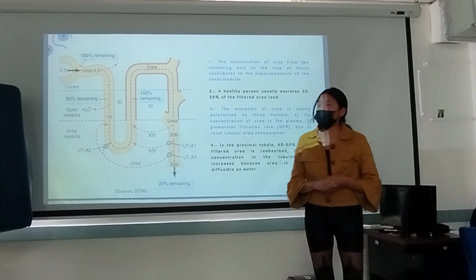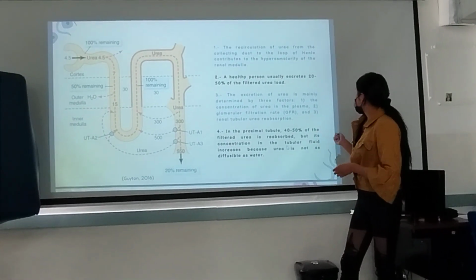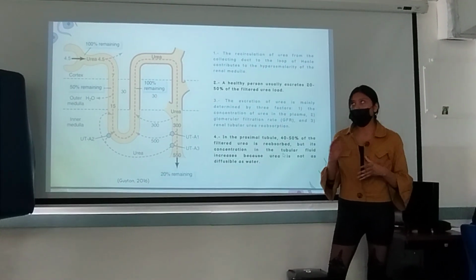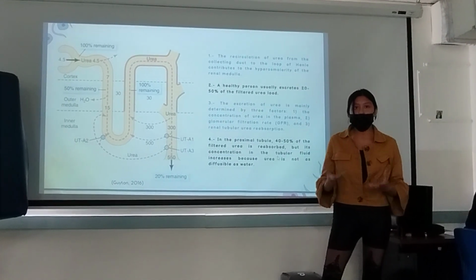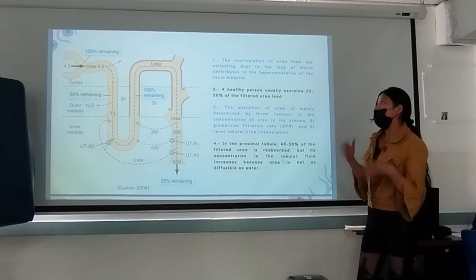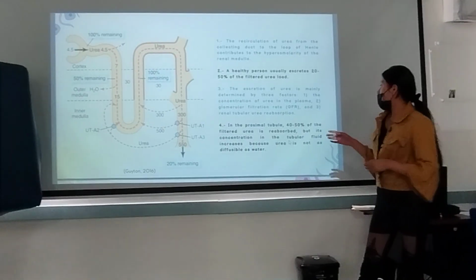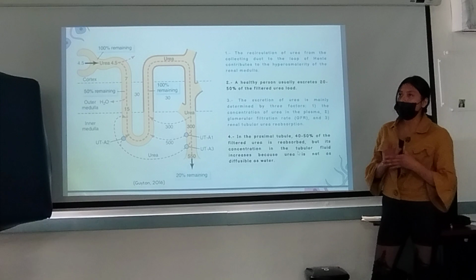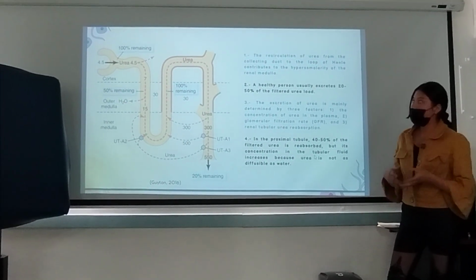The excretion of urea is mainly determined by three factors: the concentration of urea in the plasma, the glomerular filtration rate, and the renal tubular urea reabsorption. In the proximal tubule, 40 to 50% of the filtered urea is reabsorbed, but its concentration in the tubular fluid increases because urea isn't as diffusible as water.